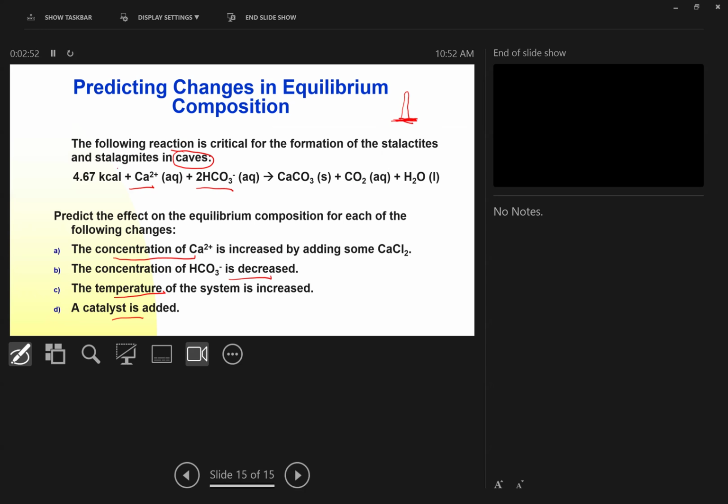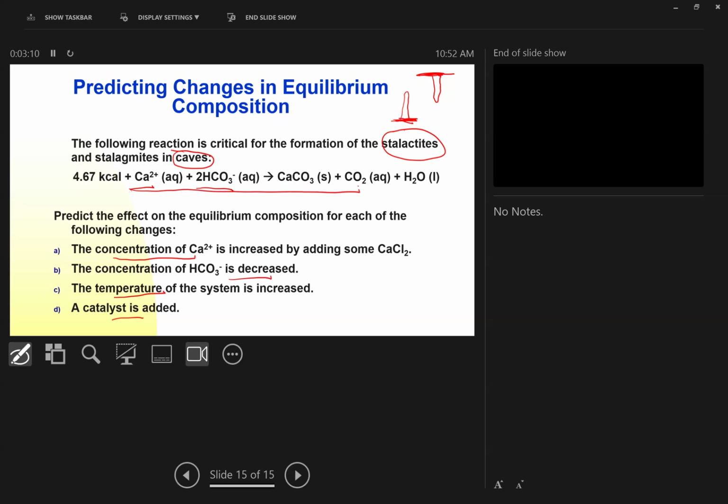Those are your stalagmites. And then there is rock formation that starts from the ceiling and points towards the ground. These are stalactites. These form because of this reaction that's shown here.